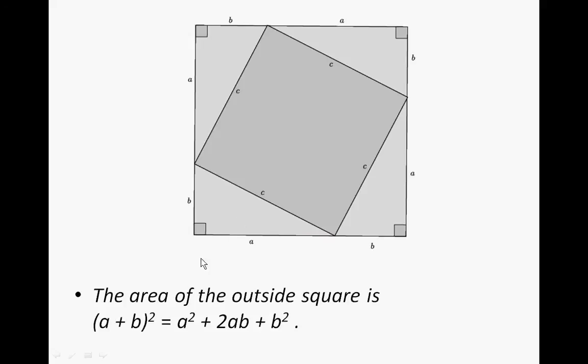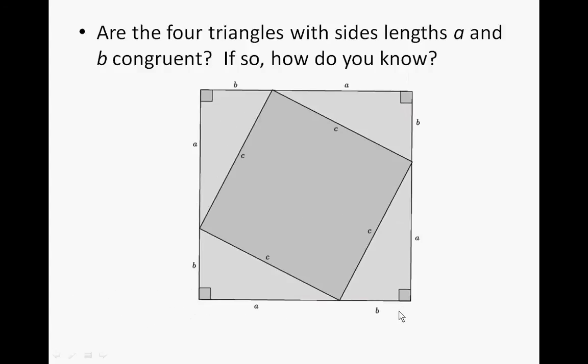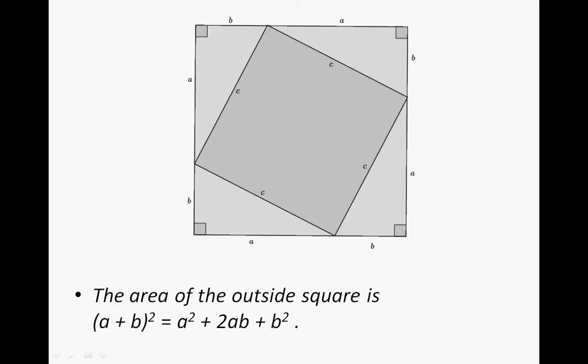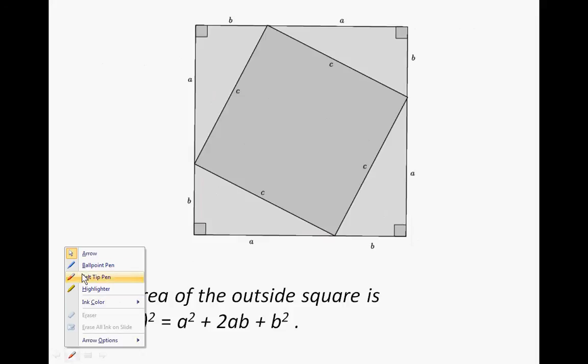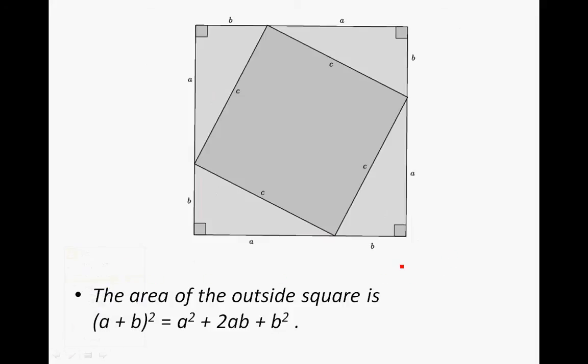So let's take a look at how we got from a plus b squared to a squared plus 2ab plus b squared. If we write this out, a plus b squared means that I'm going to multiply a plus b times itself, a plus b.